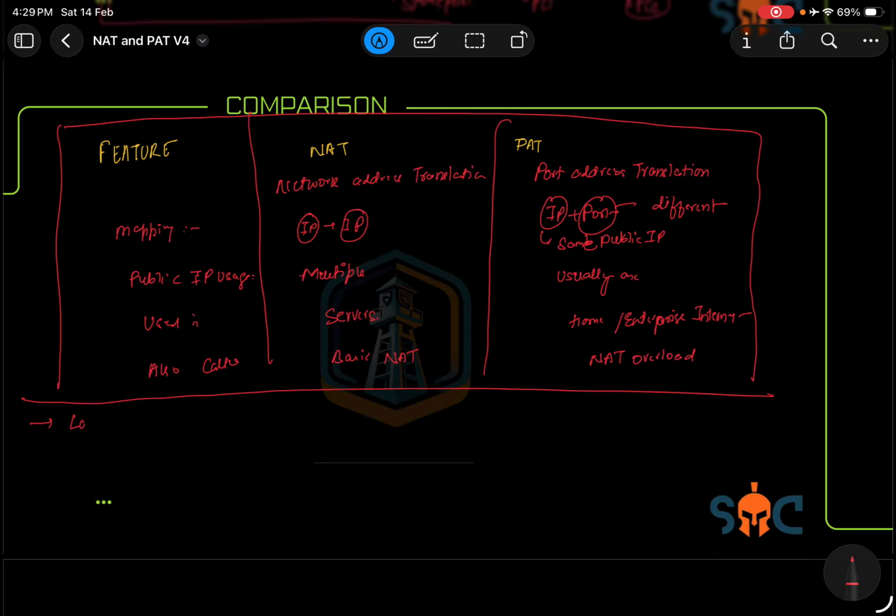You have to always remember that logs may show the public IP instead of the real internal IP of a device.